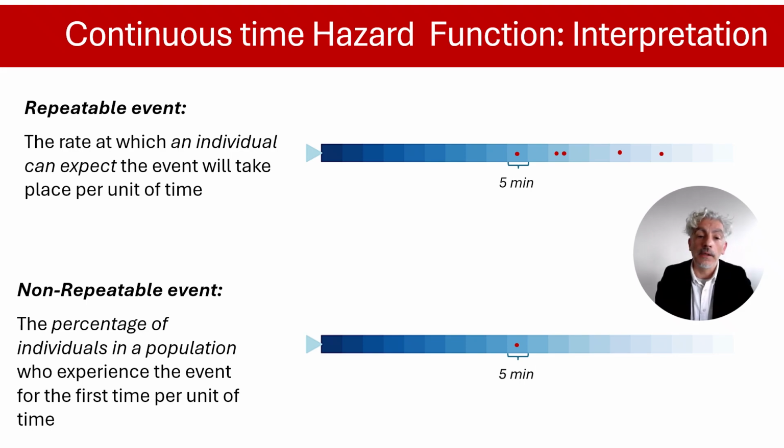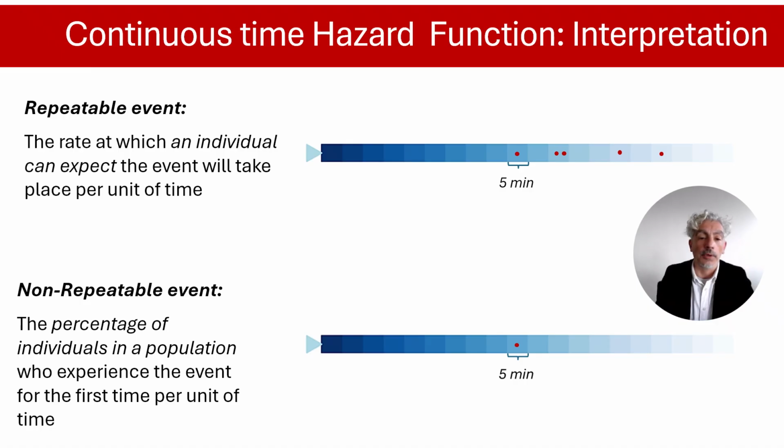So when we are considering events that are repeatable, the interpretation of the hazard function is linked with an individual. And in fact, if the events are repeatable, the hazard function represents how often an individual can expect the event to take place per unit of time.